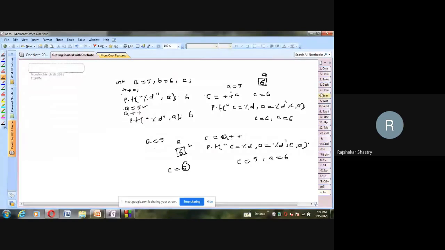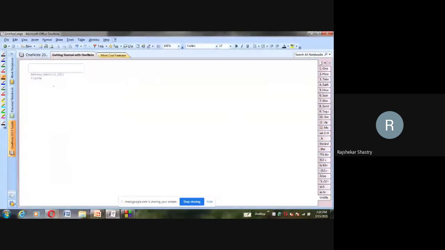Now tell me, let me go back and ask you the questions. You said that you understand now. Again I'm using integer variables. A is equal to 5, B is equal to say 6, and something called C. Now observe carefully: C is equal to A plus plus plus B. What is the value of A here?